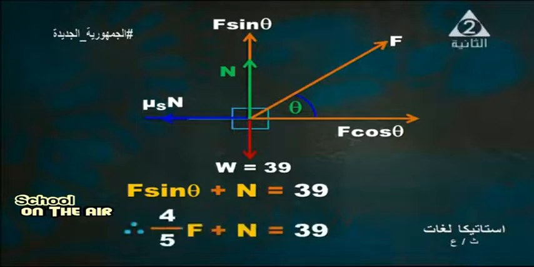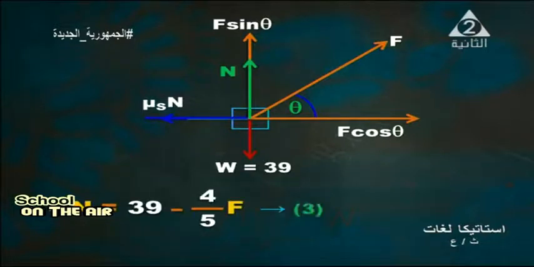Then by substitution, sine theta equals 4/5, we get the second equation: 4/5 F plus N equals 39. Then we have two equations in two unknown variables, F and N.